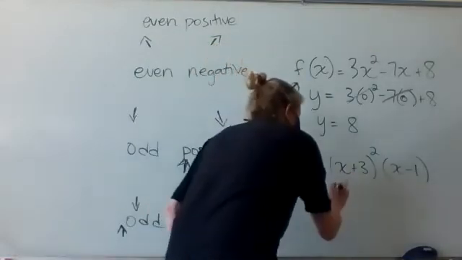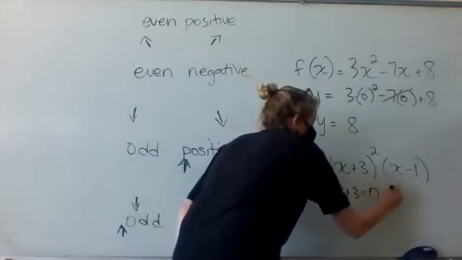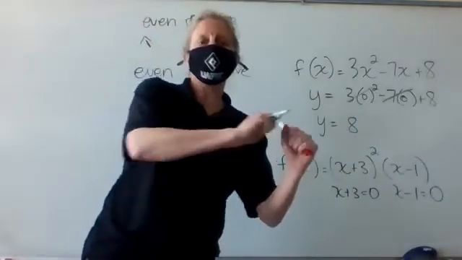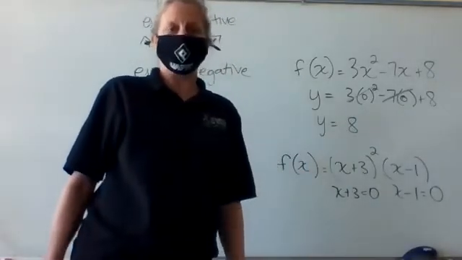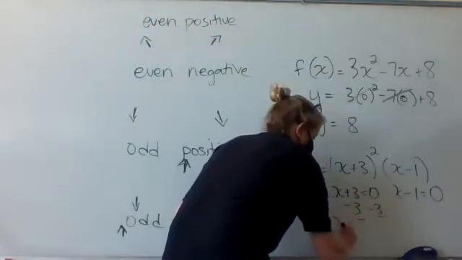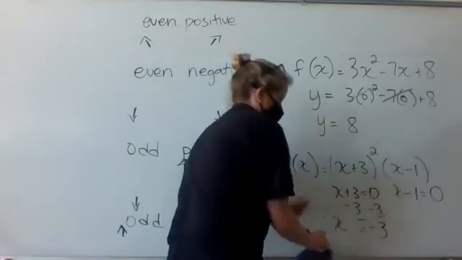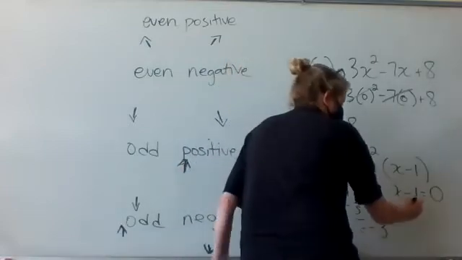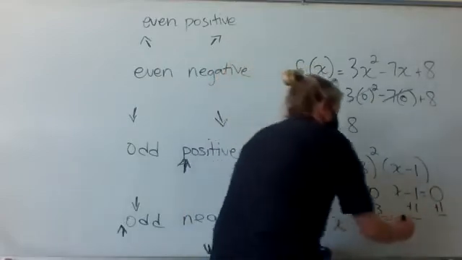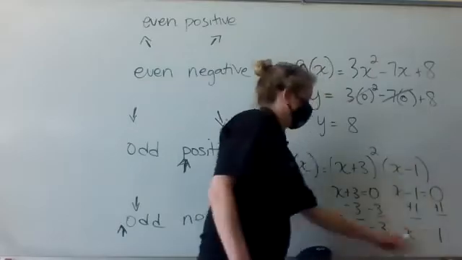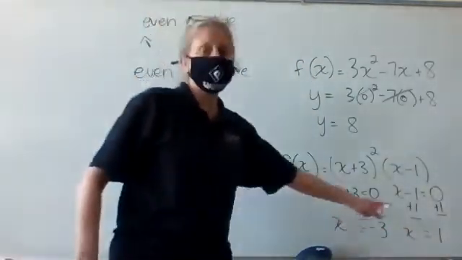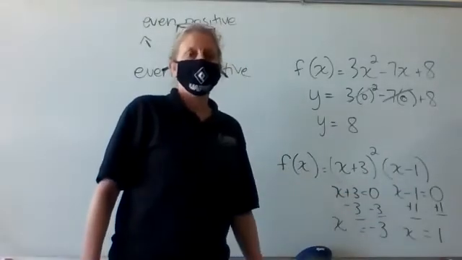If you have factors, you just set the factors equal to 0 and solve them for X. That's going to give you everywhere you're going to have an X-intercept. So let's see, I'd have to subtract 3 here to get X equals -3. So there's going to be an X-intercept at -3. Here I'd have to add 1 to get X equals 1. So it's going to touch or cross the X-axis at -3 and +1. So it would look like that.